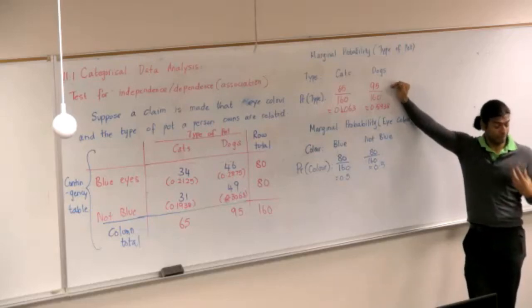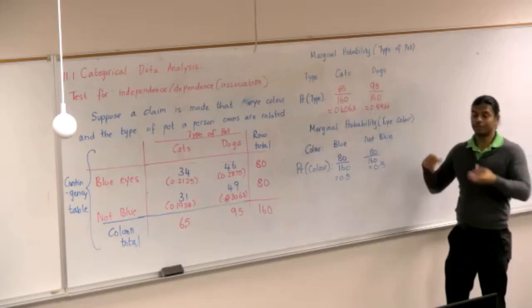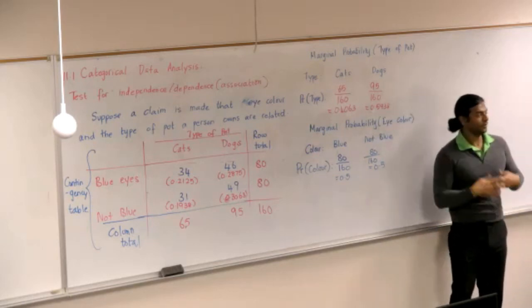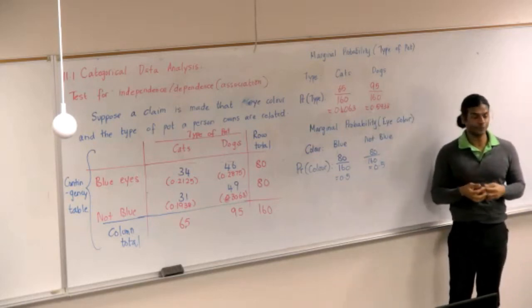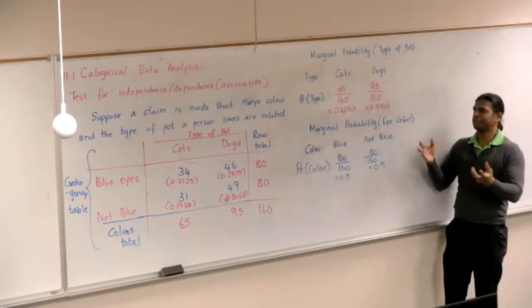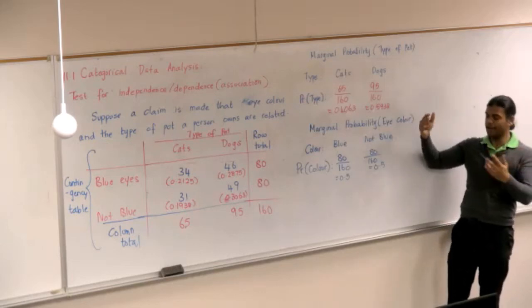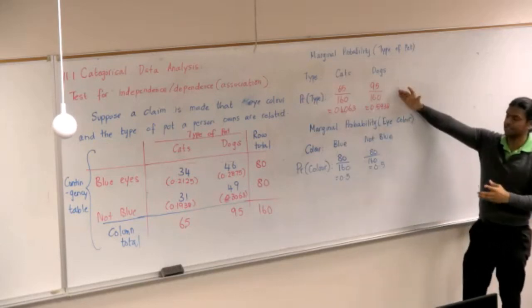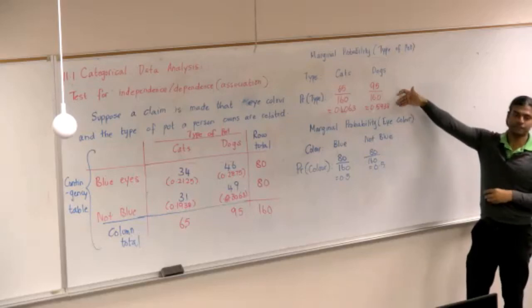We're just going to look at people who have pets. It would be silly for me to make this inference for people who don't have pets. So if someone has pets, what is the probability that they would have dogs? 59.38%.